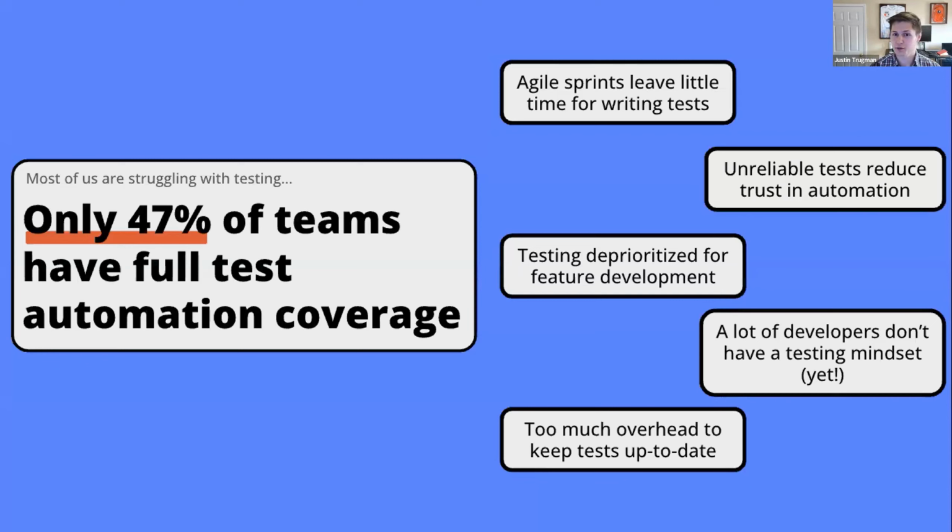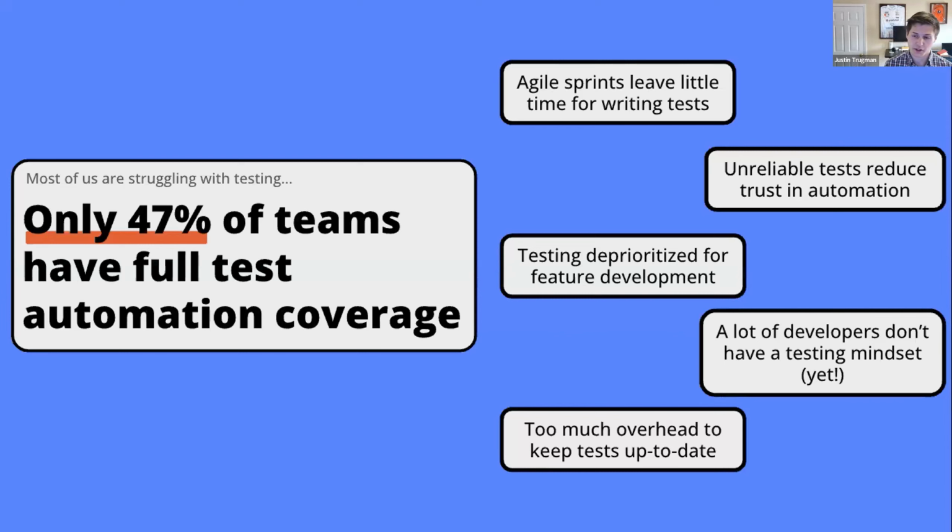And there's a variety of reasons, like sprints leaving little time and room for testing. Unreliable tests are reducing some trust in automation, especially at the higher levels in the testing pyramid, which we'll talk about. Testing is often deprioritized for feature development. This happens at a lot of smaller companies and startups where the need to ship quickly is higher priority than the need to ship quality.